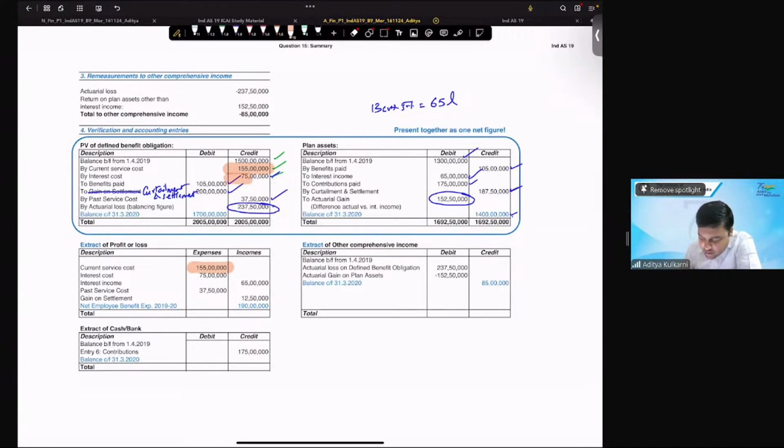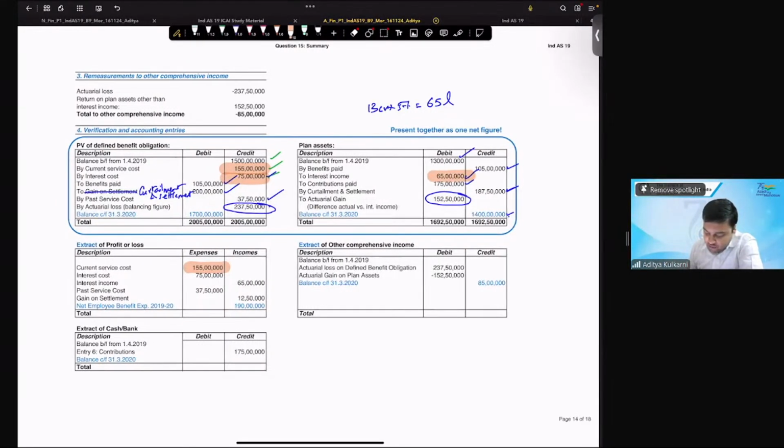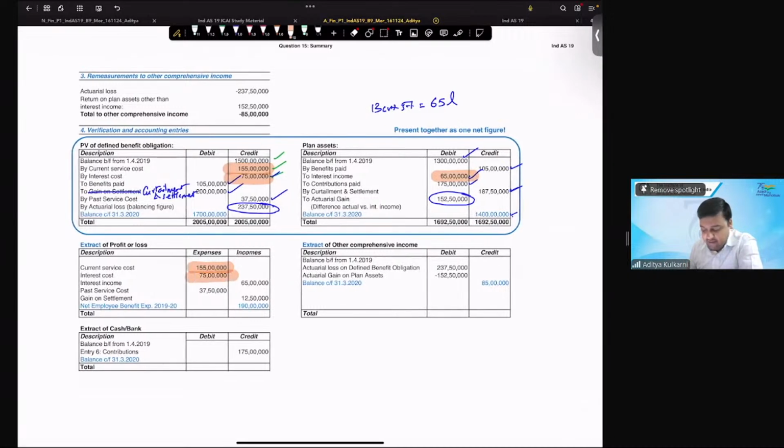Interest cost will come to the P&L and interest income also will come to the P&L. So you will see 75 lakhs expense and 65 lakhs income. And past service cost of 37 lakh 50 will also come in as an expense. So everything is clear till here.